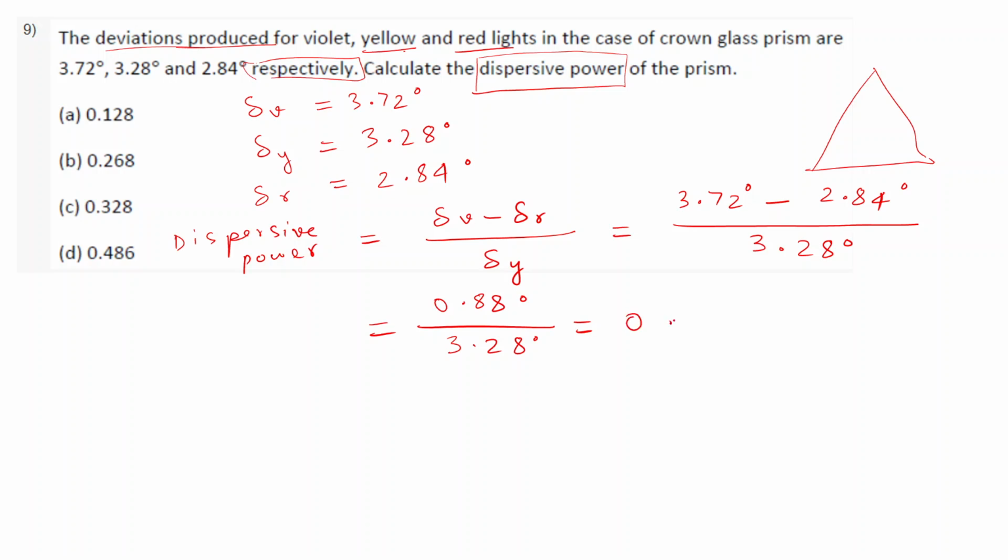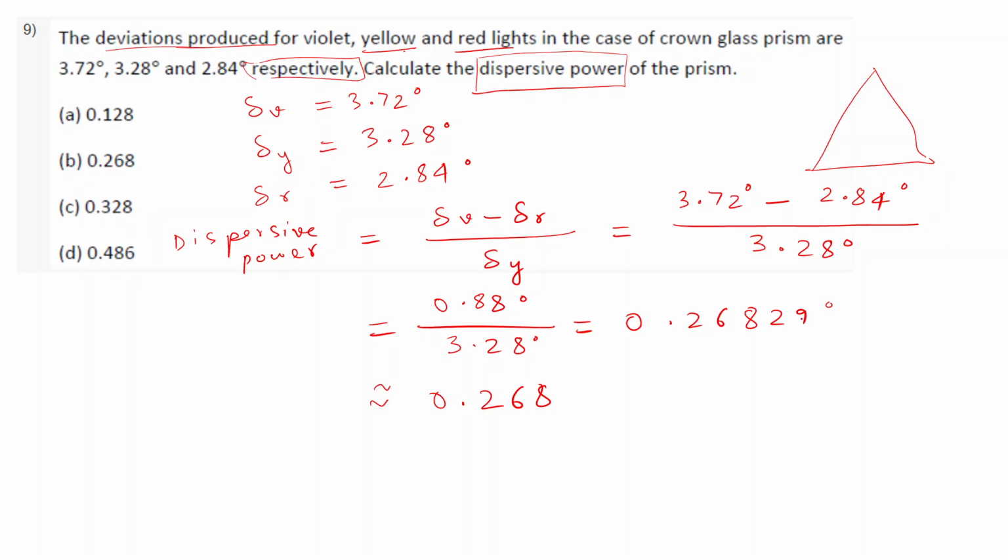This will give 0.26829. In the calculator it will keep on giving digits, but we have to consider three significant figures, so we'll keep it to three decimal digits: 0.268.